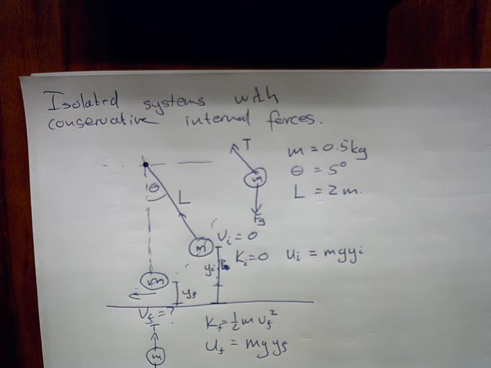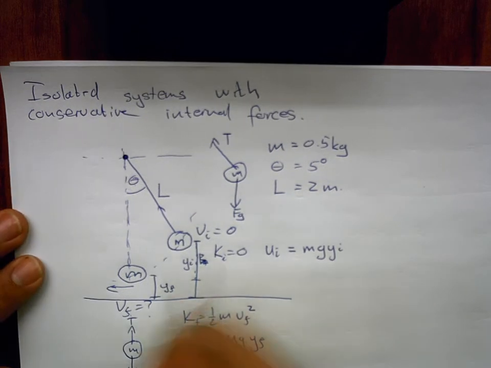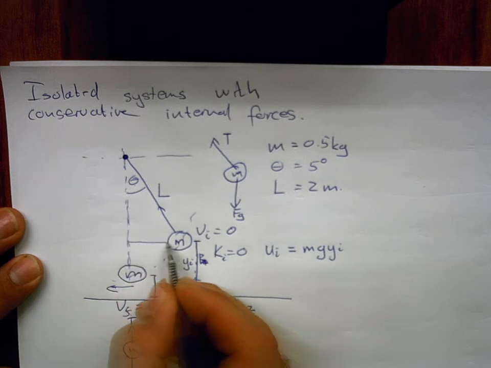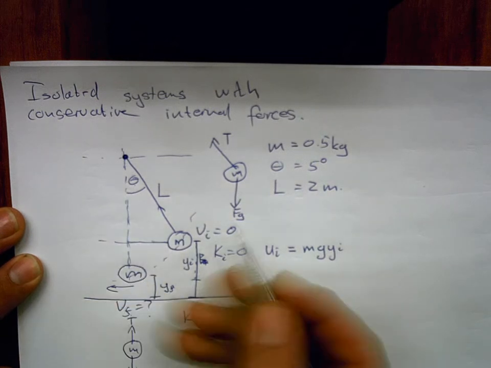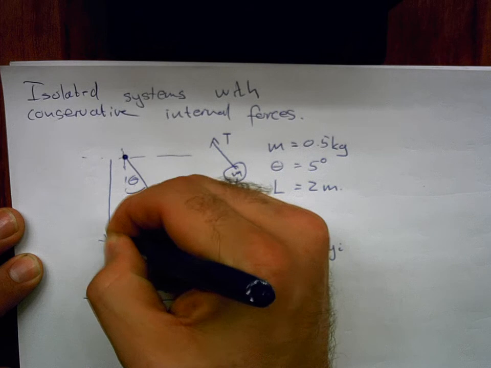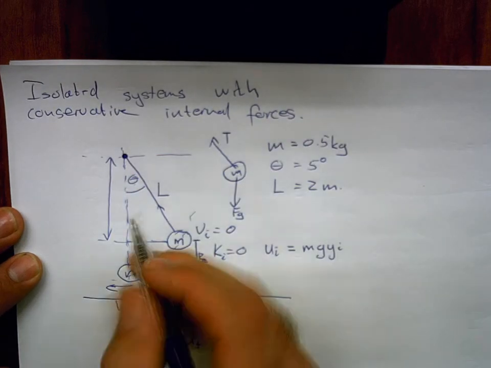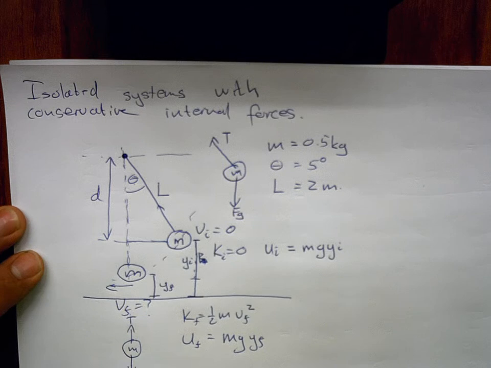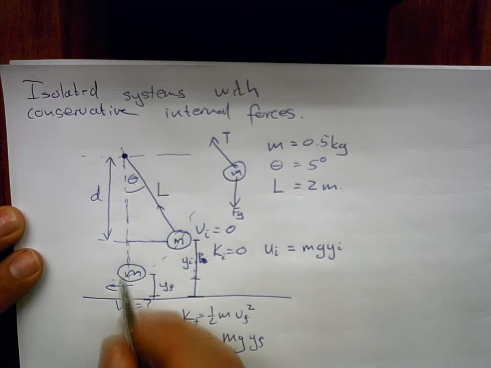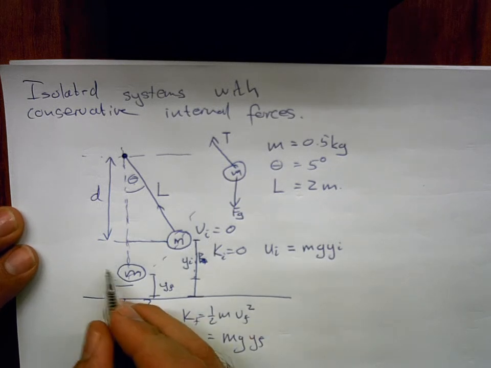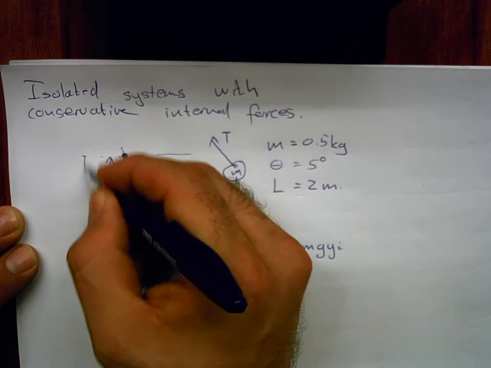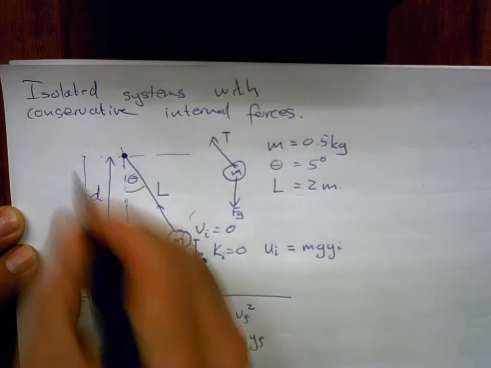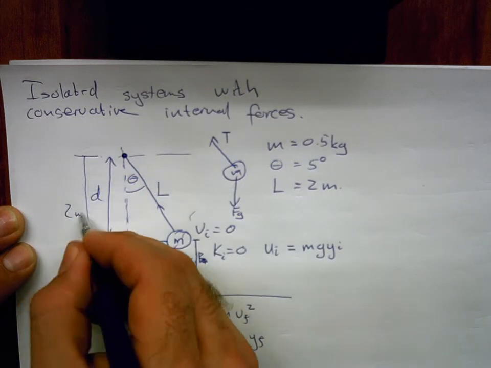Okay, so let's try to solve this. Firstly, we need to figure out, if we look at that height, let's call this distance over there d. And we know this distance over there, that's just the length of the string, that's 2 meters.